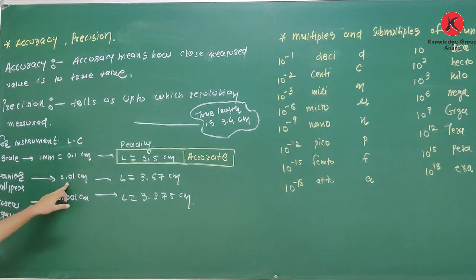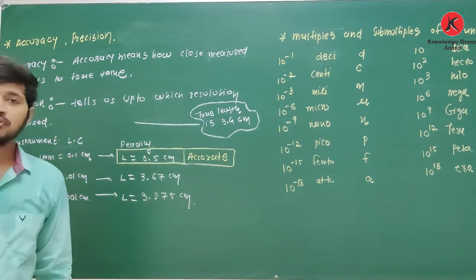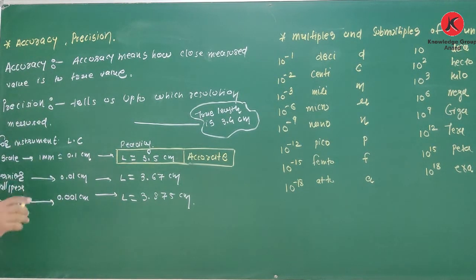The least count of vernier calipers is 0.01 centimeter. The least count of the screw gauge is 0.001 centimeter. So the resolution of the screw gauge is more than that of the vernier calipers, and that is more than that of the scale. Clear about this?